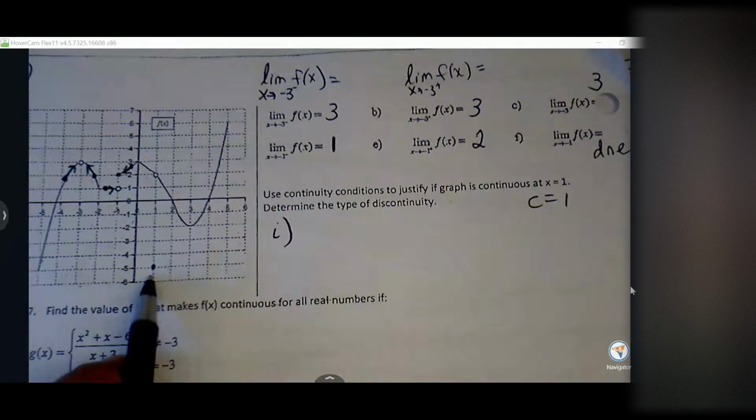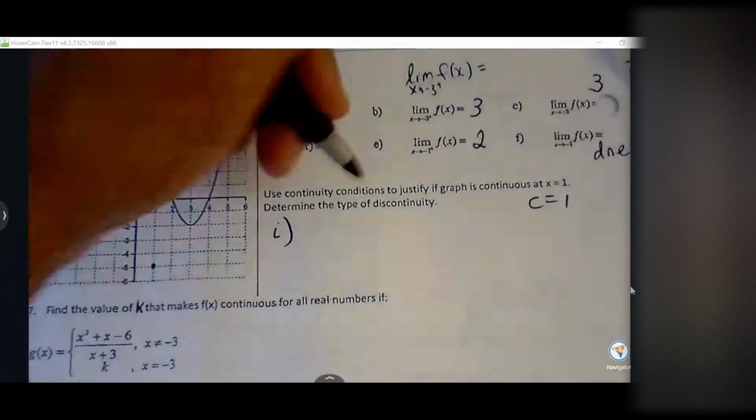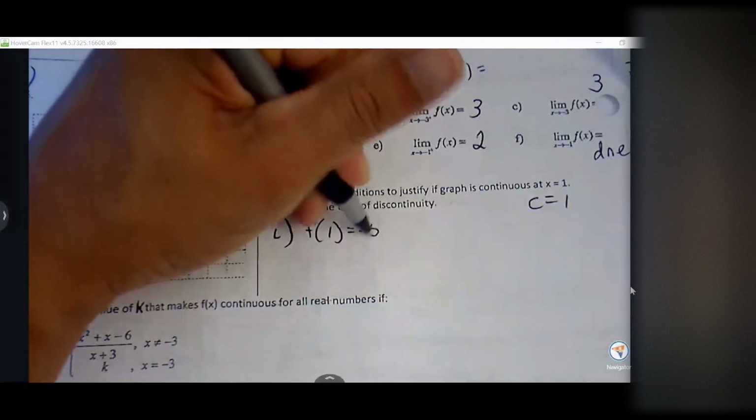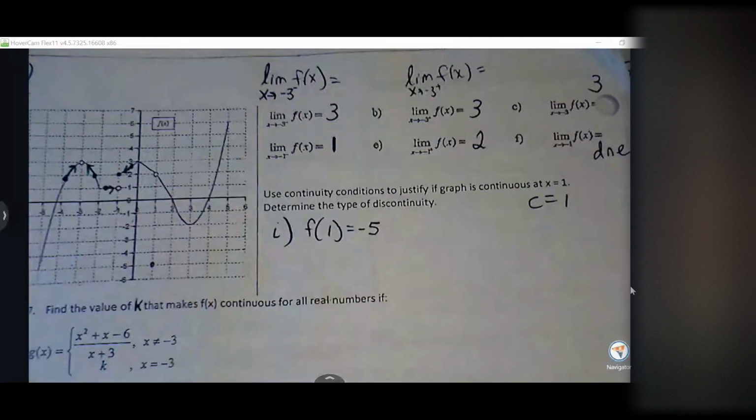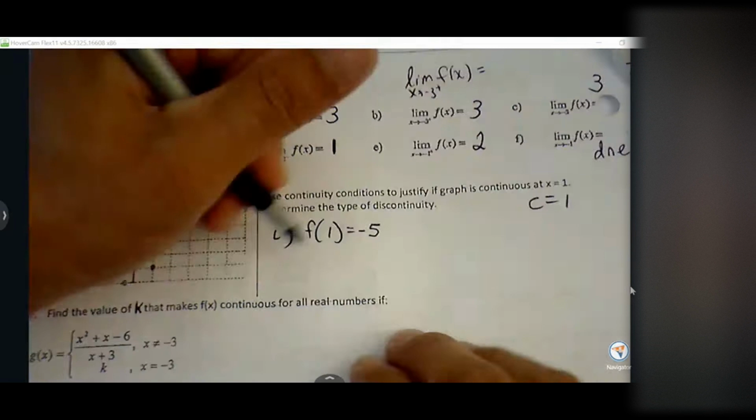First step, where's the point? f of 1 is down here at -5. Okay, second condition.